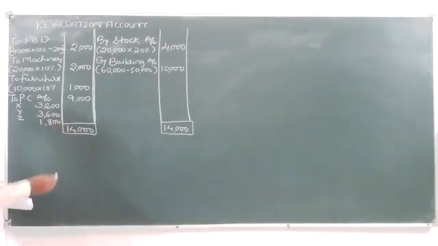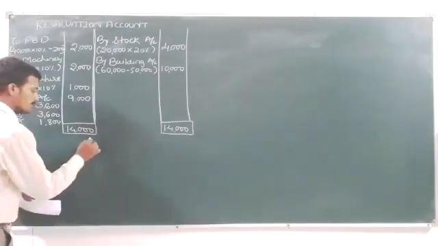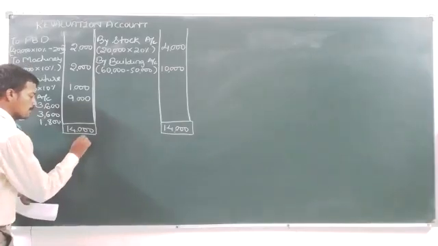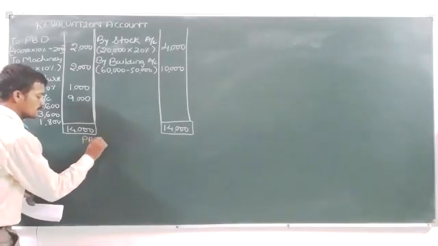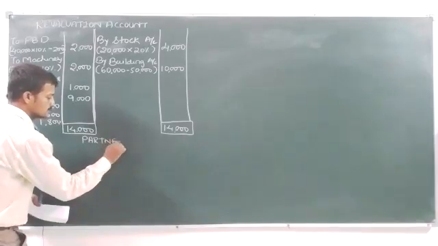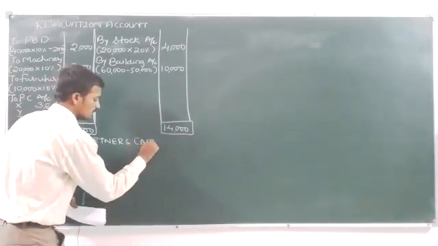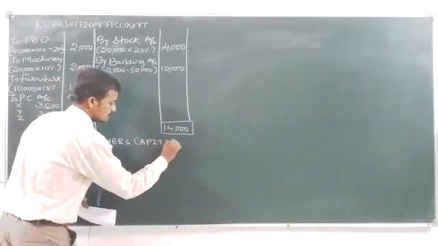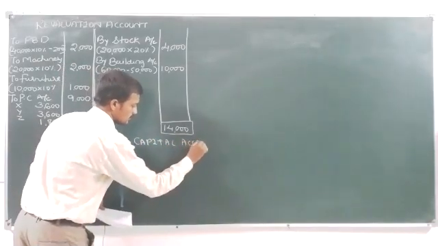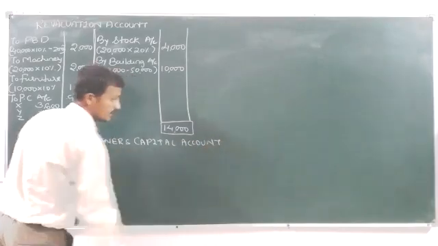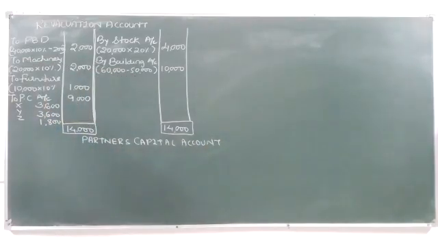Next heading is partners capital account. Or you can write all partners capital account.